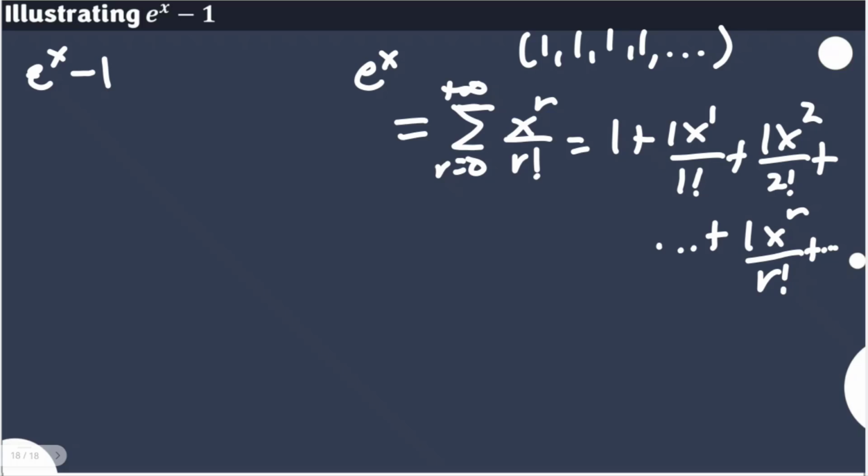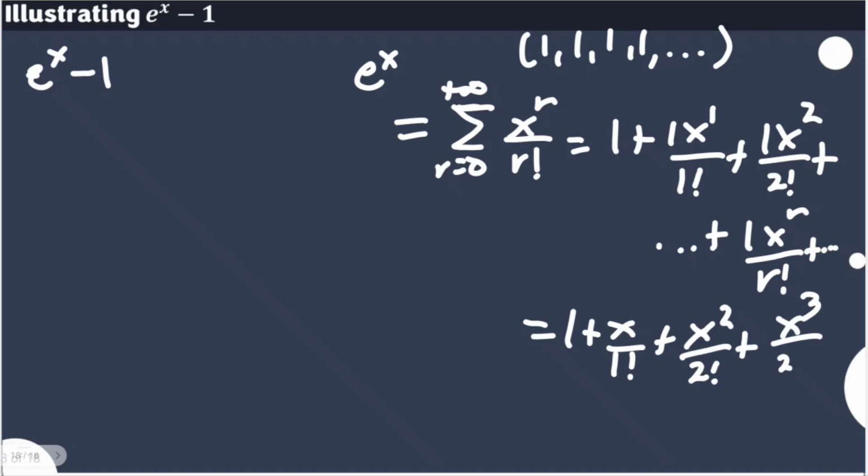What is e to the power of x minus 1? To illustrate that, let's simply subtract 1 from the entire expression. Again, this is expressed as 1 plus x over 1 factorial. Let's not simplify the factorial notations in the meantime. You have x cubed over 3 factorial plus, until you have x to the power of r over r factorial.